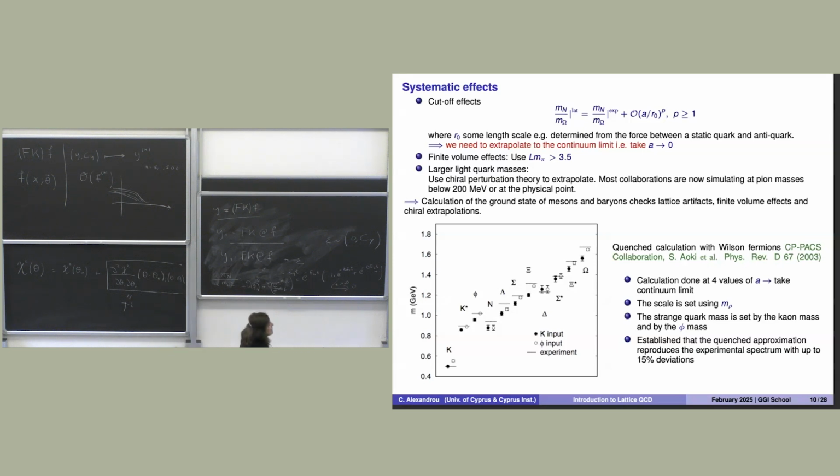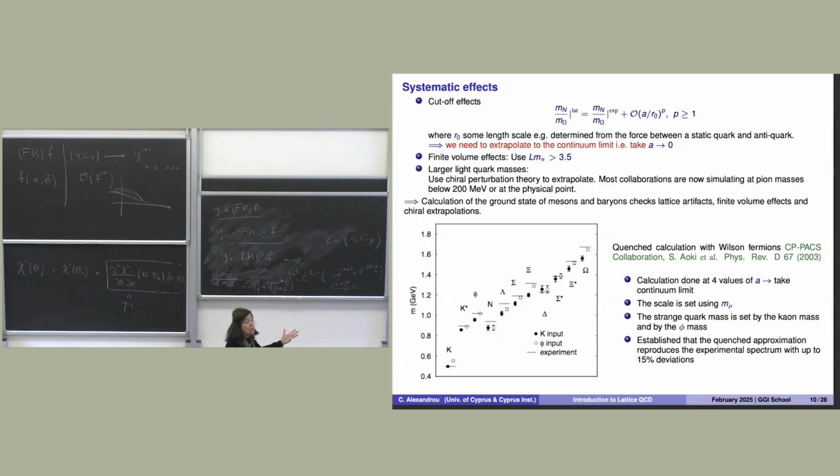Okay? So that's why, before I compare to experiment, and that's why I stress this, because some experimentalists forget that. They take a lattice paper, they see a number, and they say it agrees or doesn't agree. If I have a very small lattice spacing, probably this is going to be small. But the real thing is to take the continuum limit. This is the program I have to do.